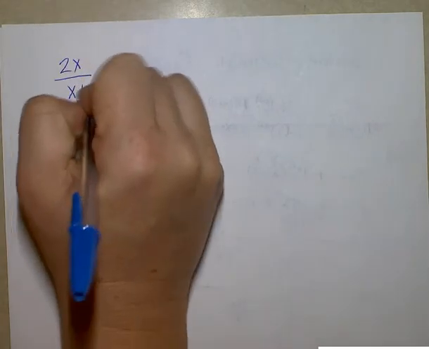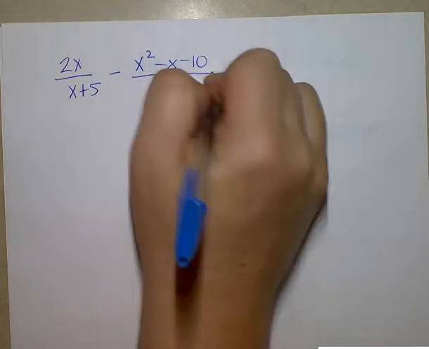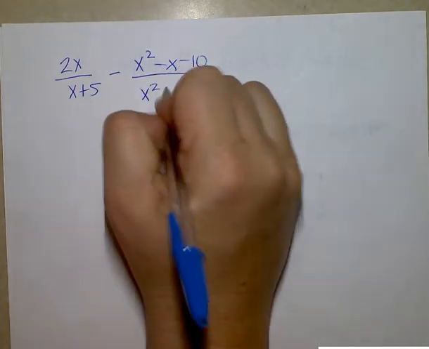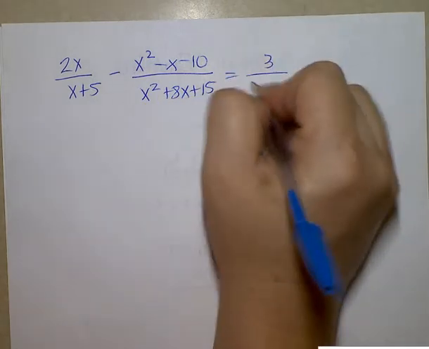2x over x plus 5 minus x squared minus x minus 10 over x squared plus 8x plus 15 equals 3 over x plus 3.